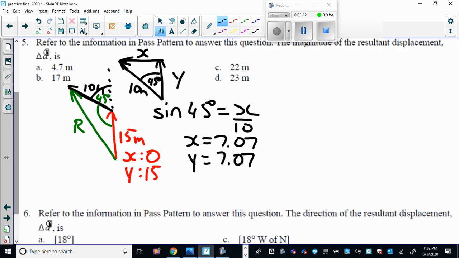All right, so that's step 1, separate everything into components. Step 2, add those components.